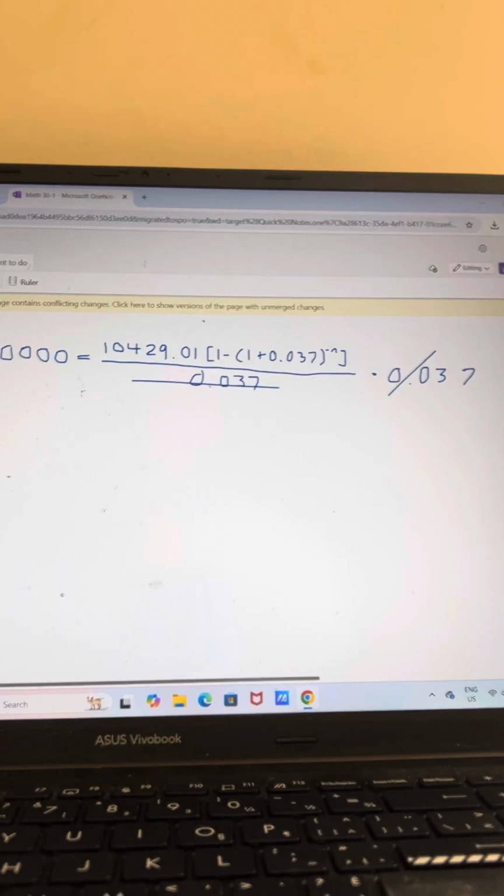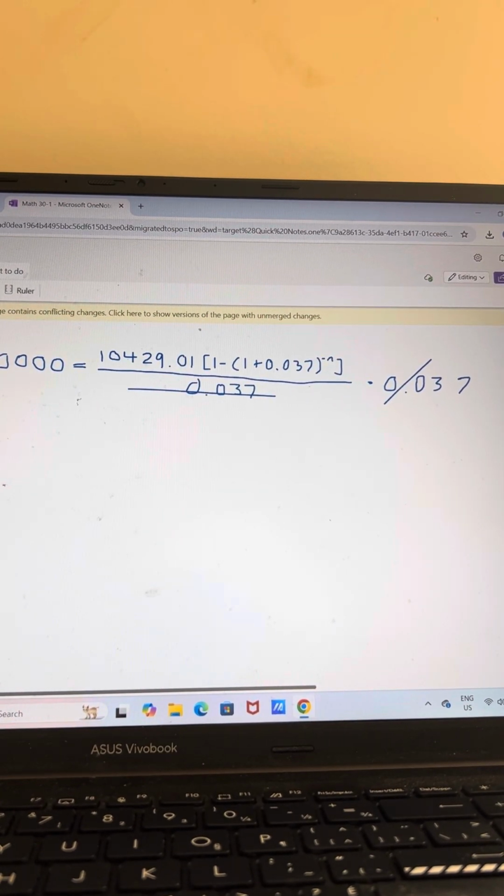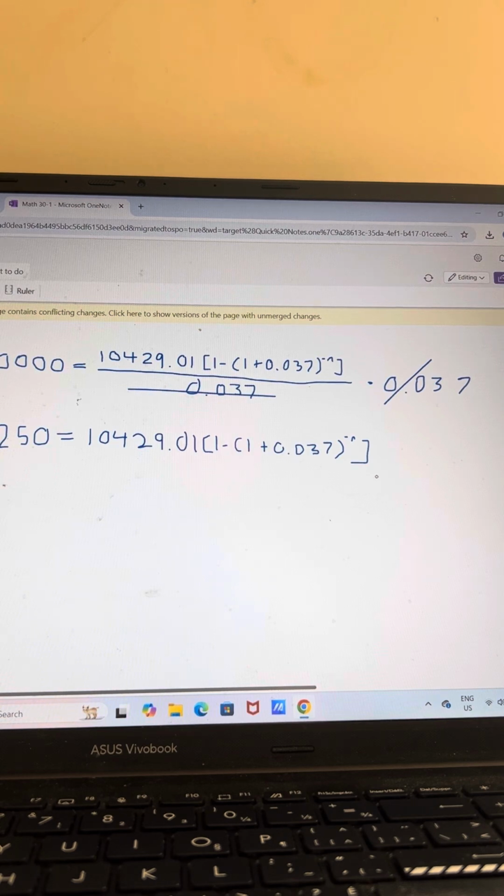Let's rewrite this as 9,250 is going to equal 10,429.01 times 1 minus 1 plus 0.037 to the power of negative n. Alright, here's going to be our updated formula.